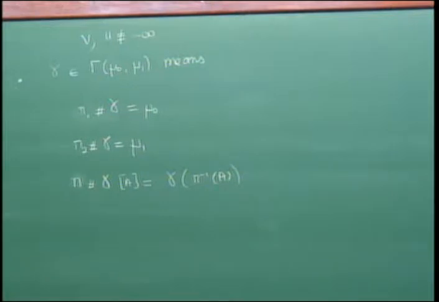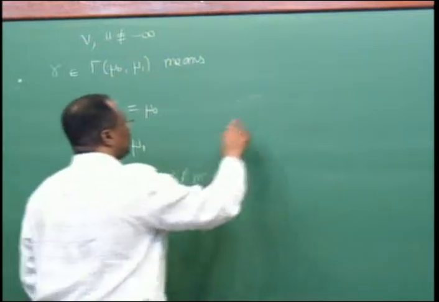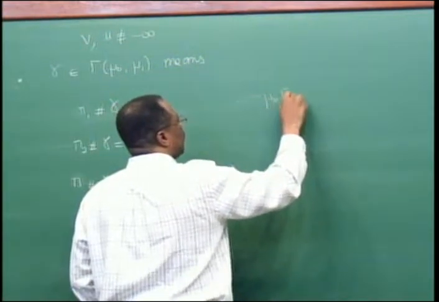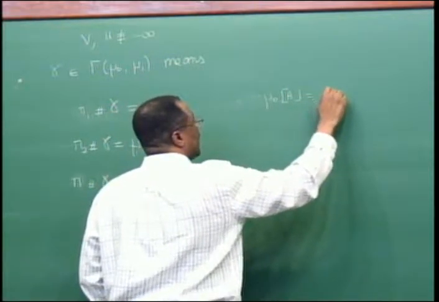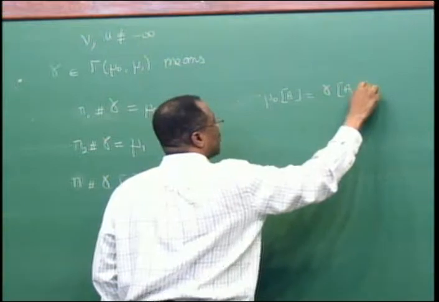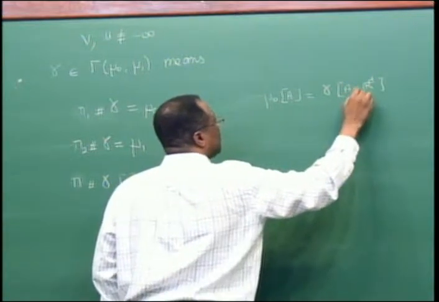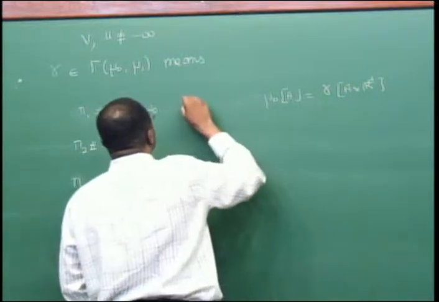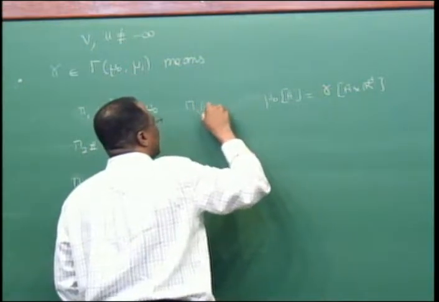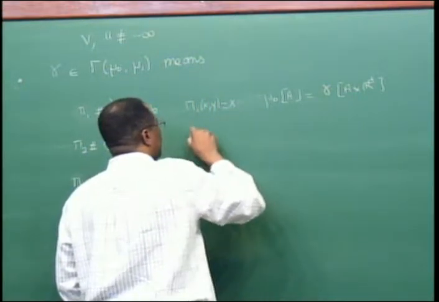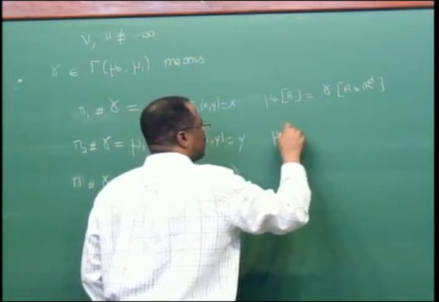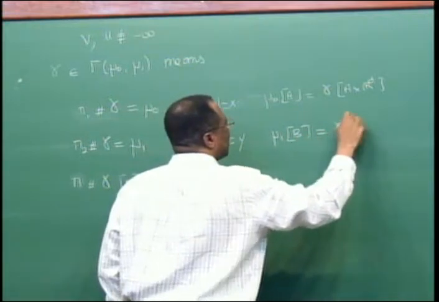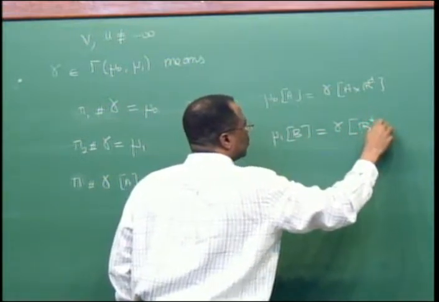This is what a push forward means. And so this one is equivalent to mu naught of A is gamma of A cross R^d, because P1 of (x, y) is x, P2 of (x, y) is y, and so mu 1 of B is gamma of R^d cross B.